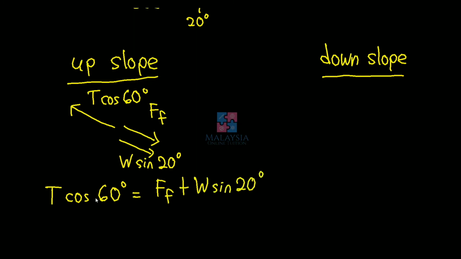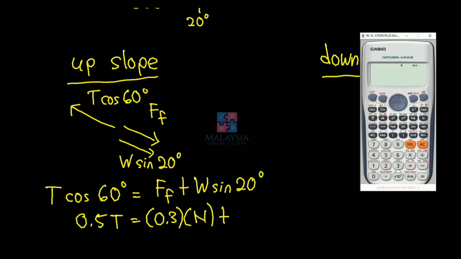We know that cos 60 degrees is 0.5, so this will be 0.5T equals the frictional force, which will be mu R, some of you would call it mu N. Our mu has been given to be 0.3, and our normal force will be determined later, I will show you how. And then plus W sine 20, our weight is 25 because mass is 2.5 kilograms.